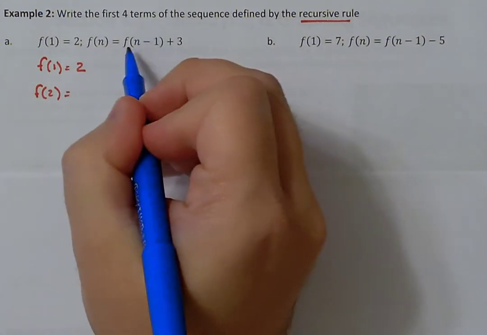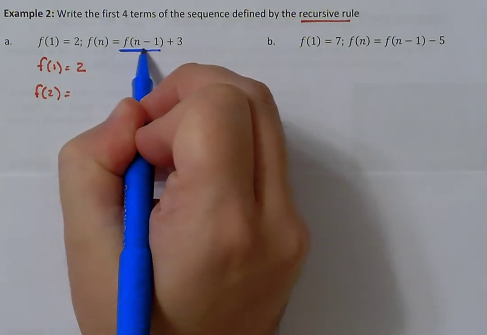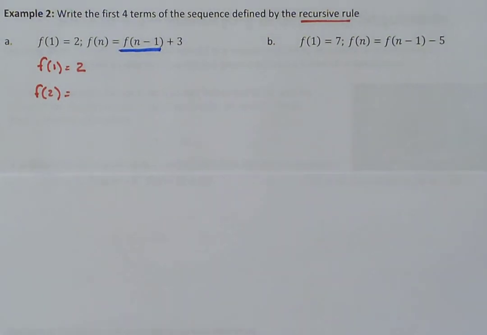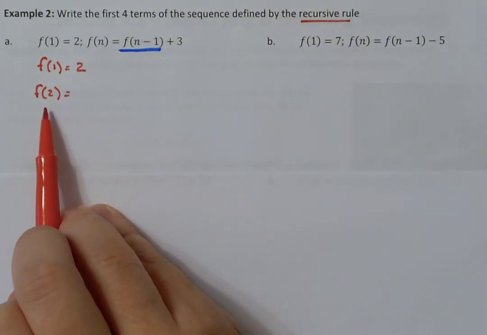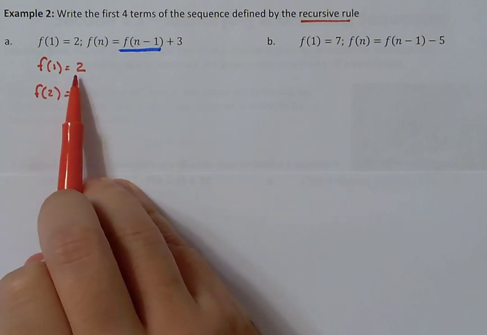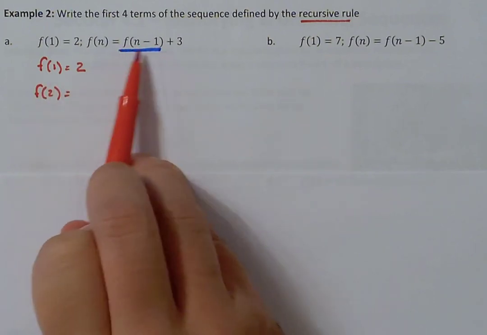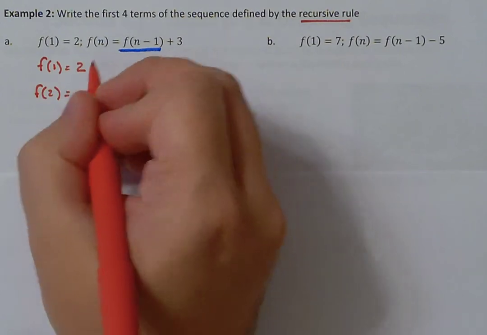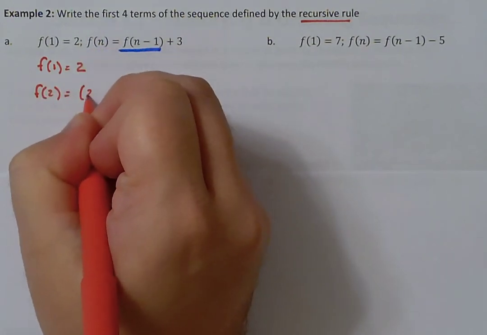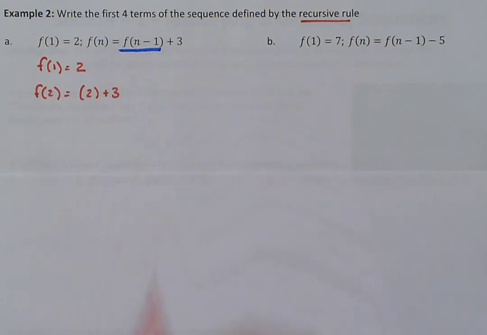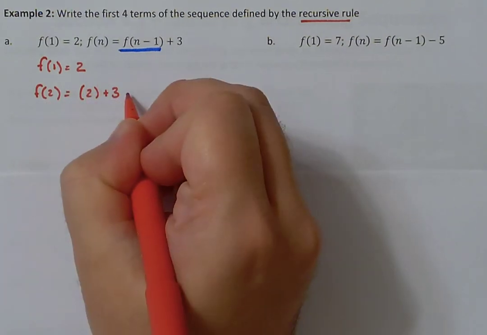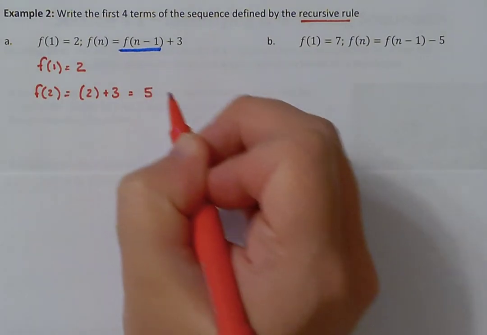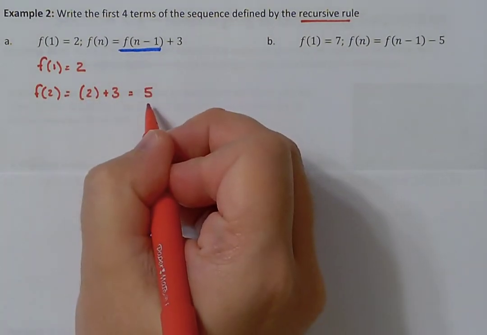Know that this blue part, f of n minus 1, stands for the previous term. We're on the second term, so our previous term is the first term, which was 2. So we plug 2 in here and then do plus 3. So we have 2 plus 3. Now, you can't just set up all the others; you actually need to solve these one at a time. So 2 plus 3 is 5, and that's my second term.